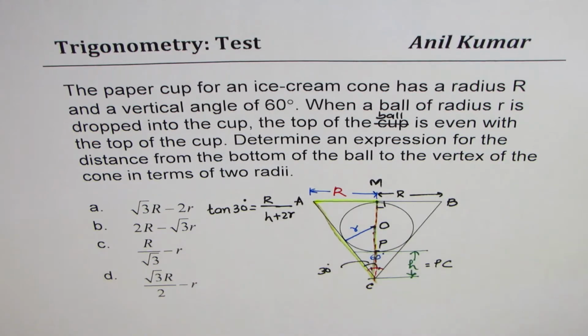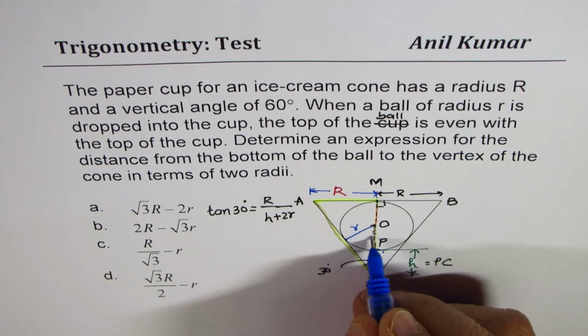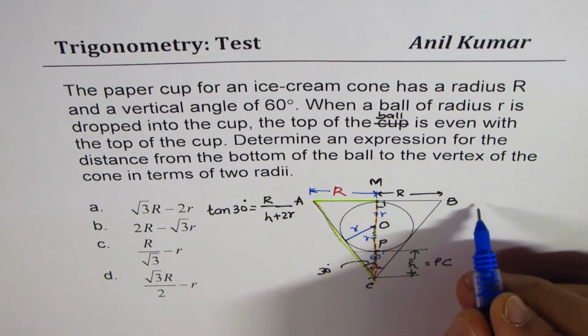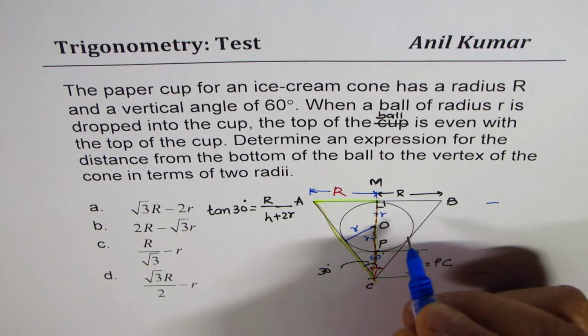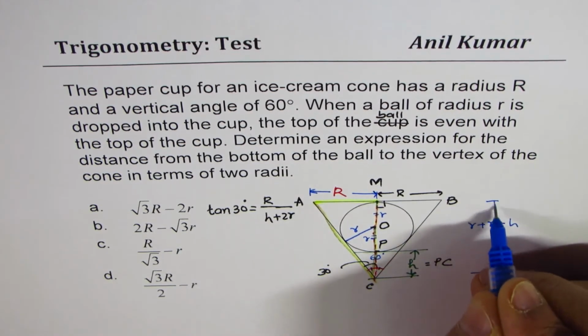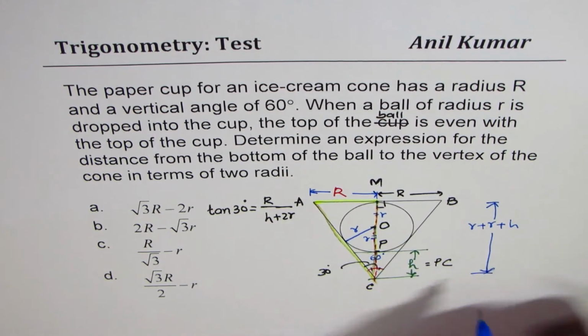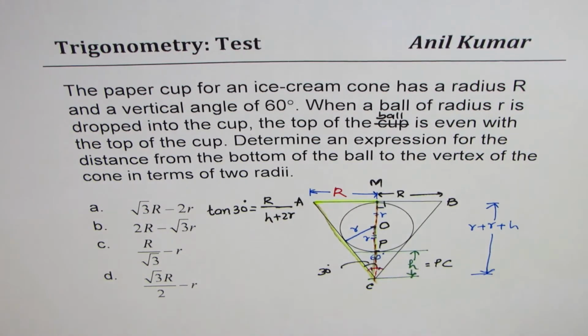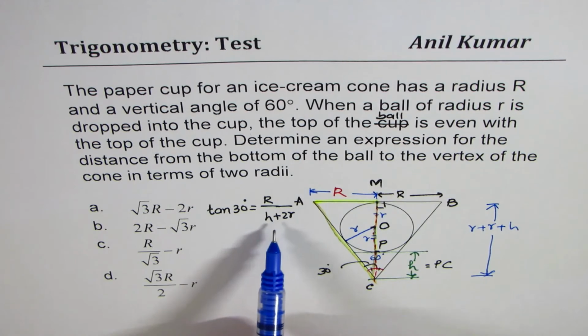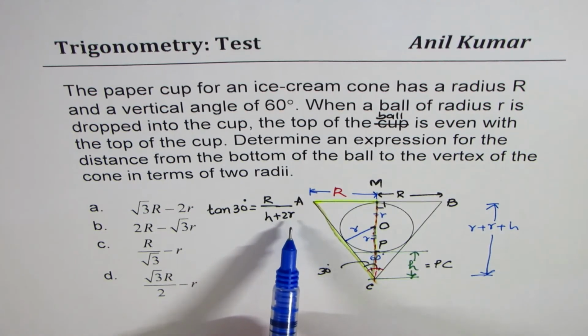Is it okay? Since the radius is r, these two sides are r and r, correct? Therefore the total height here is r plus H. Is it clear? H is this side, which we need to figure out. So tan 30 is R over H plus 2r.